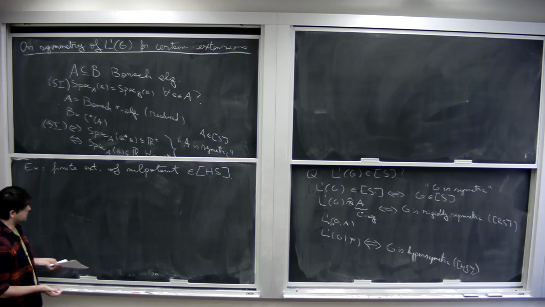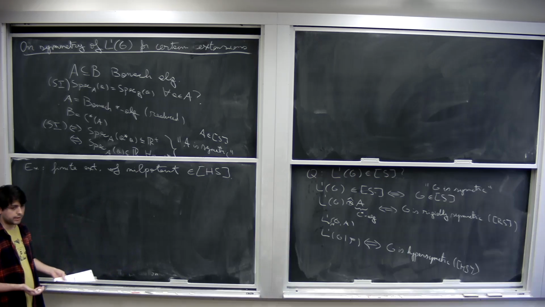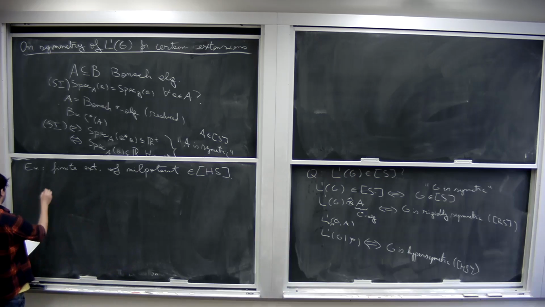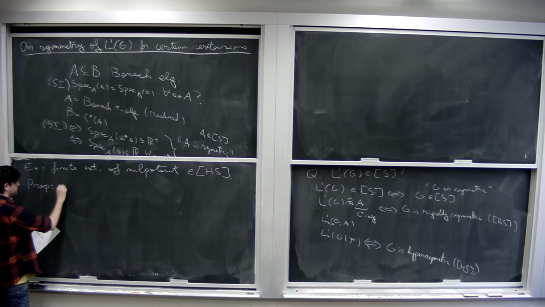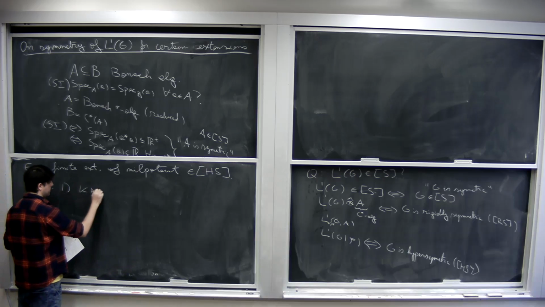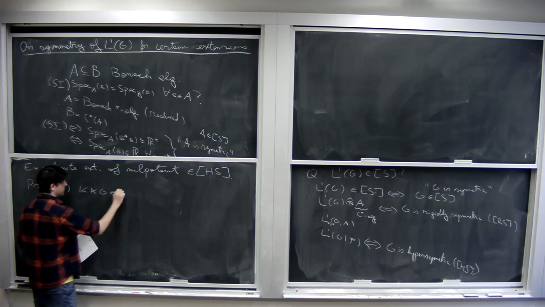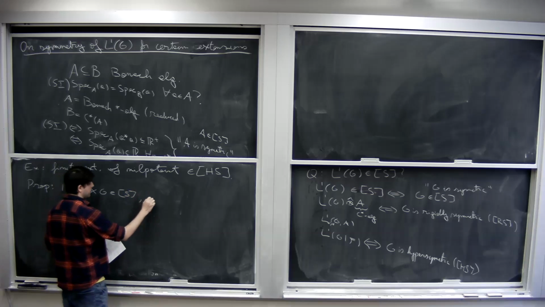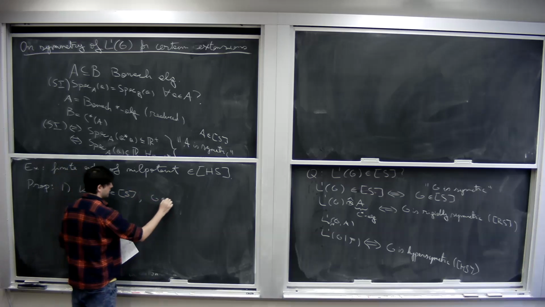So the purpose of this talk is basically to prove some permanence properties. Let me give you some. First one: if you have a semi-direct product with a compact group, this is going to be symmetric whenever the starting group was symmetric.